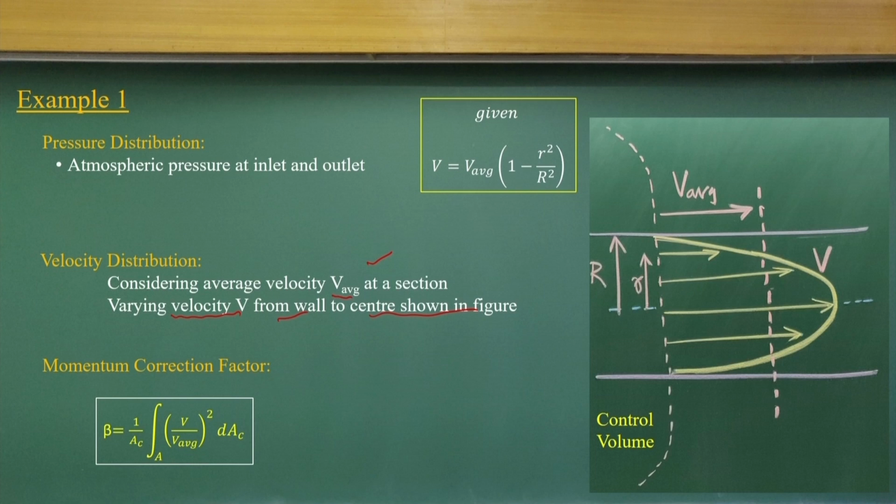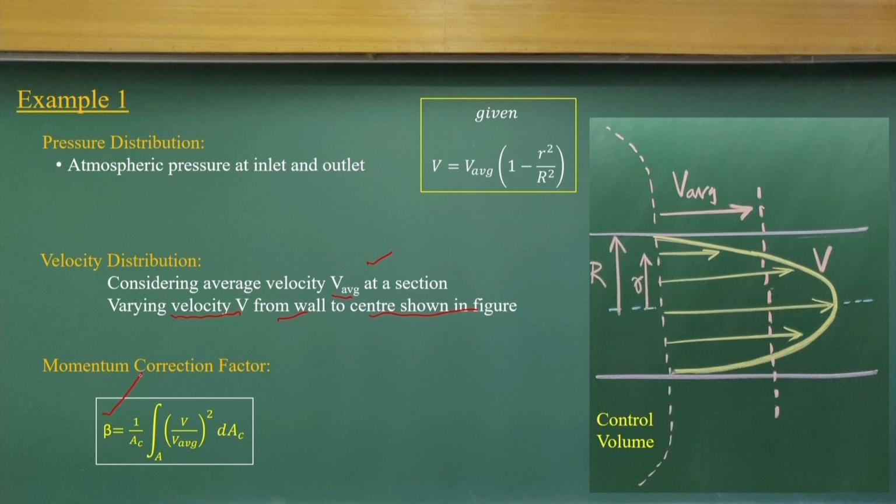We need to compute the momentum flux using the velocity distribution, divided by the momentum flux if I consider V equal to V average. The ratio between these two terms will give me the momentum flux correction factor.